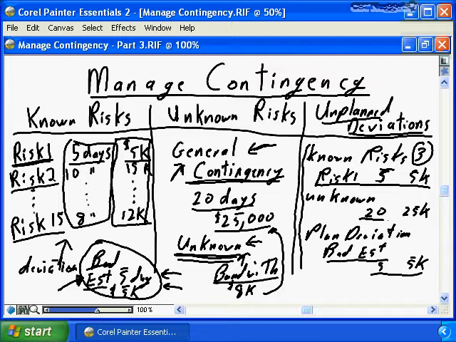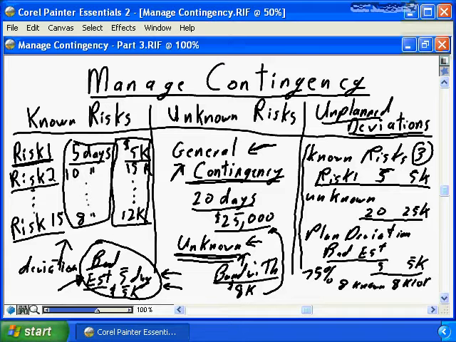As I suggest, it should be reserved for unknown risks and consumed when unknown risks are realized. But as the project delivers, you are now 75% of the way through the project, and 8 of your known risks, their date has transpired, and you have additional funds of $8,000 and 10 days.